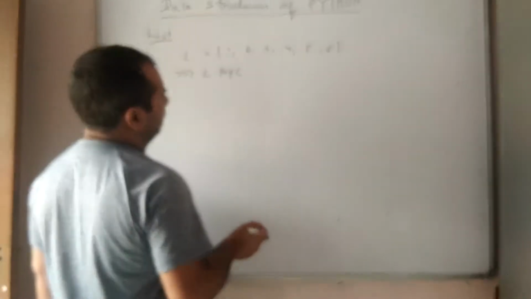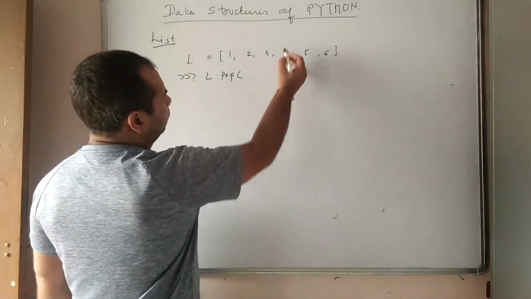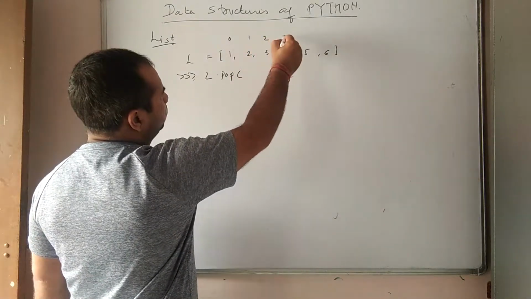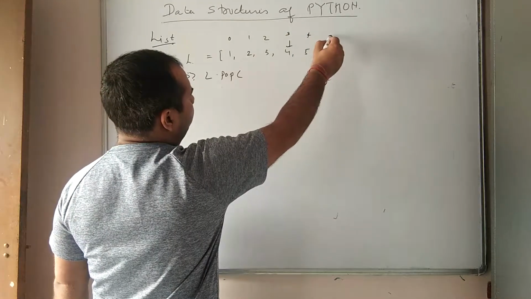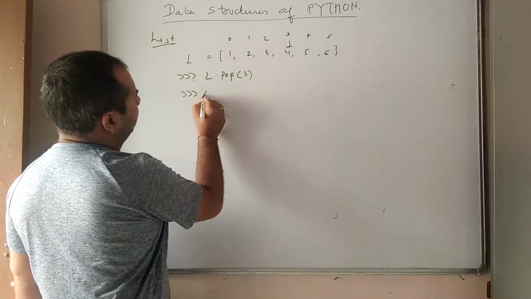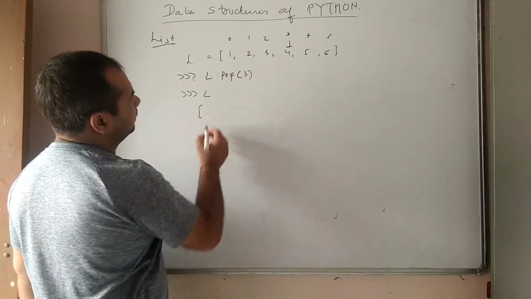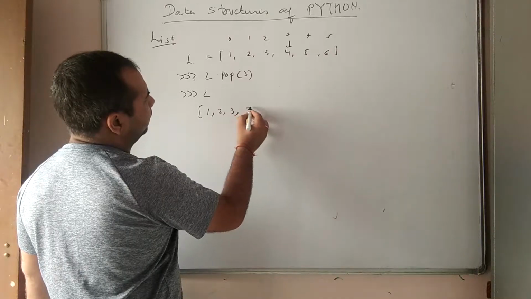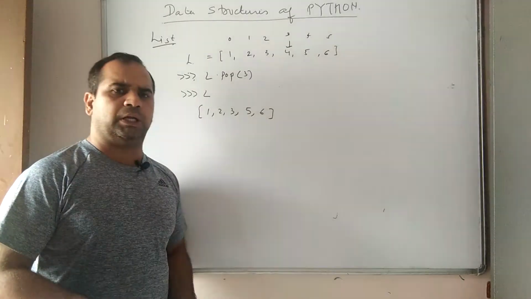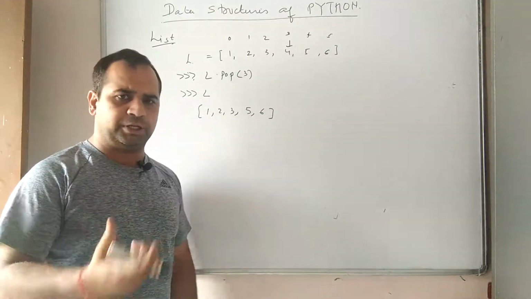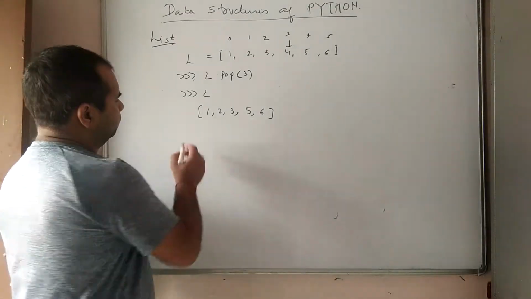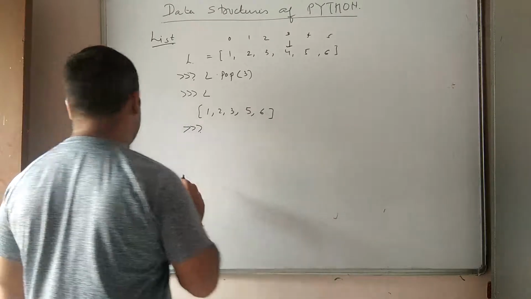Suppose I want to remove the fourth element, the indexes are 0, 1, 2, 3, 4 and 5. So I will write pop 3, and then when I print L again, I will get 1, 2, 3, 5 and 6. So a list is a mutable component, the number of elements can be increased or decreased, and it can be modified.